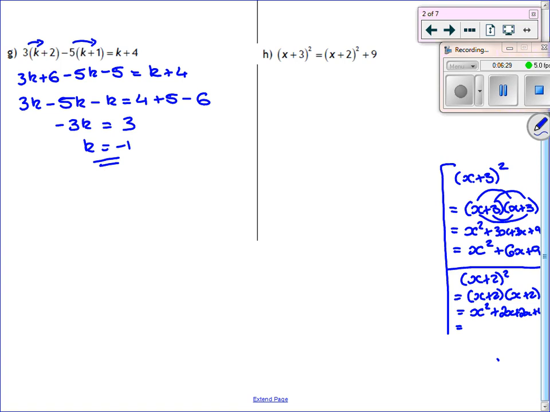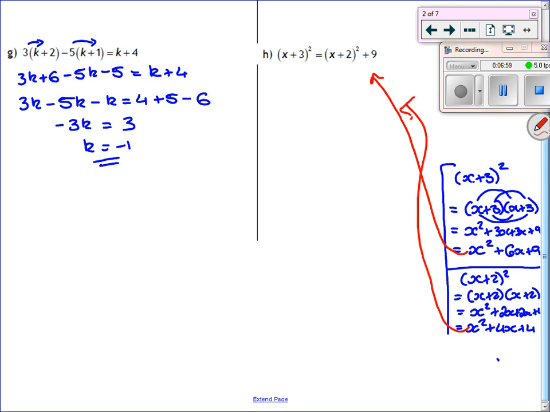Which gives me x squared plus 4x plus 4. And that's really the most difficult part of this question here. It's just getting you to take your thoughts, what you need to expand, go to the side, expand it, and now we're just going to bring these answers back into the main body of our work here.